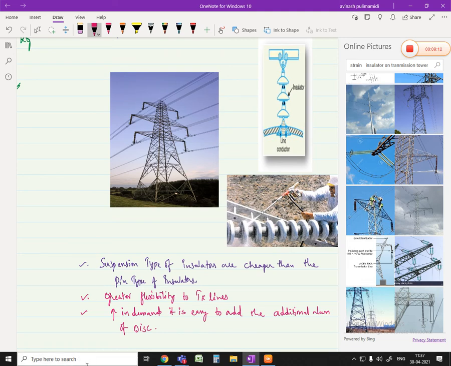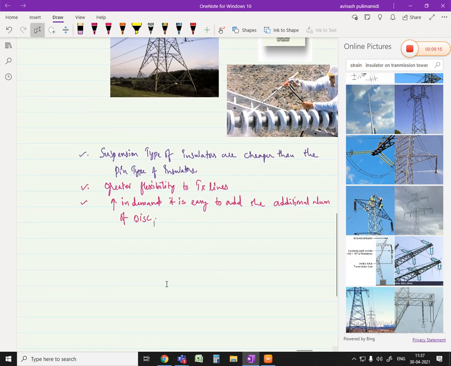This type of insulators is used with steel towers.